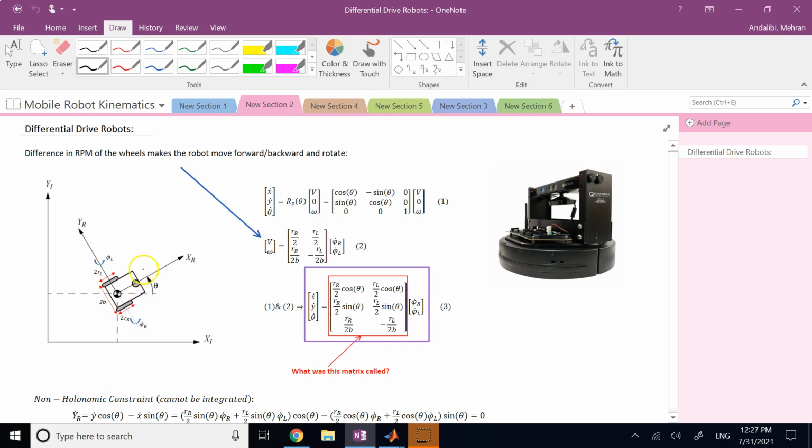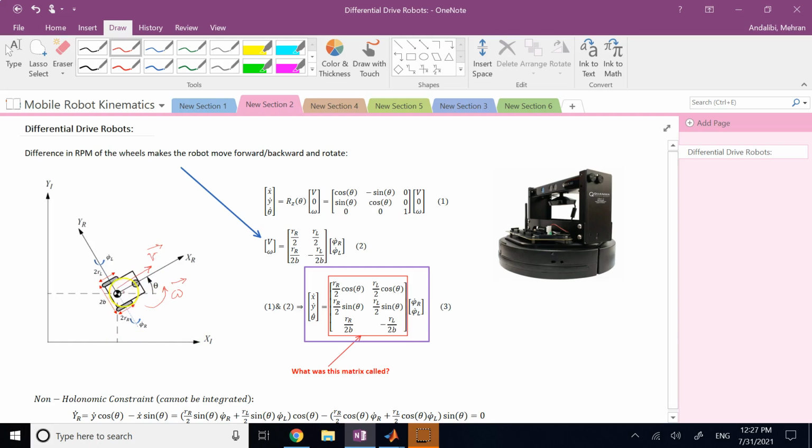If we consider the linear velocity of the centroid to be v, and the angular velocity of the chassis to be omega, then based on v and omega we can determine the change in the x, y, and theta coordinates of the robot.